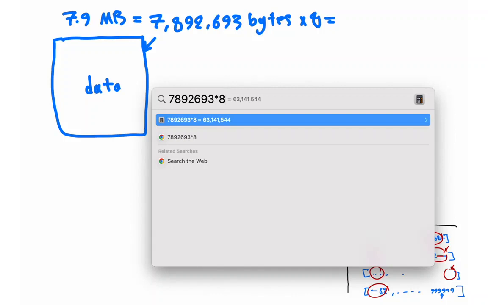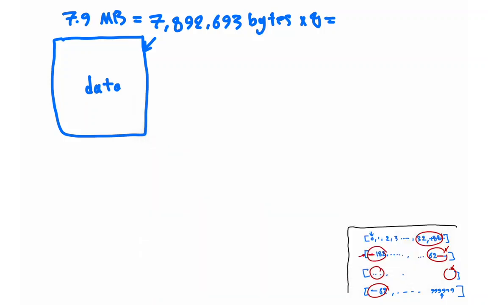I'm not going to write the whole number, but I'm just going to say roughly 63 million bits. So we have around 63 million zeros and ones in this file that we created.